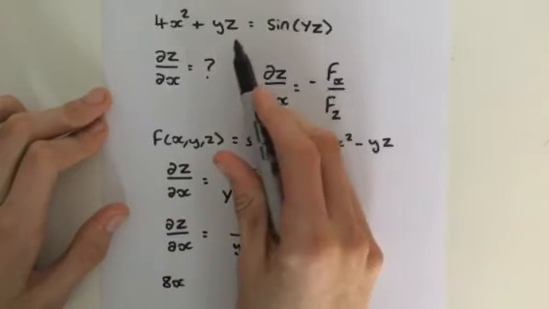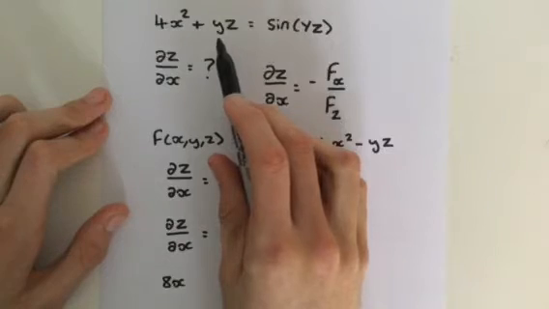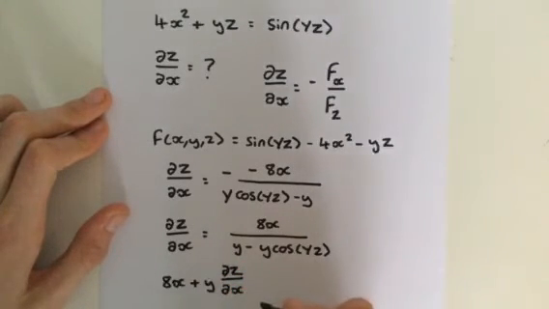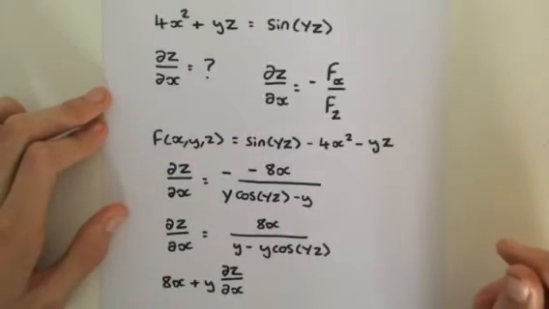Now we have plus yz. Now y is a constant, and again we're going to get the constant back, so we get plus y, but we have to put on dz by dx. You should already know this. If you're unsure about this, please watch my videos on partial differentiation and differentiation in general.